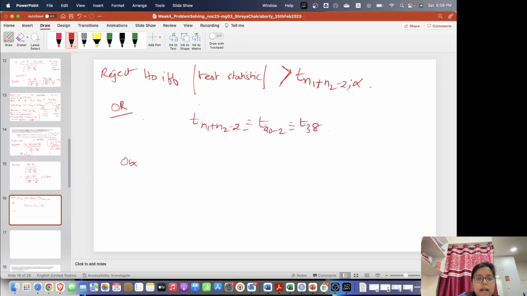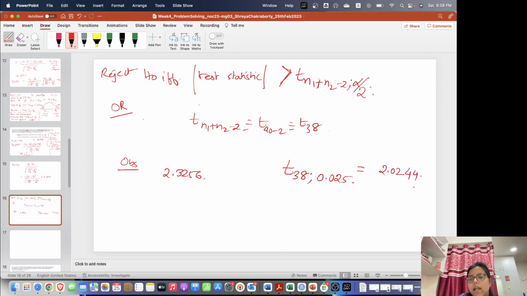The observed value was 2.3256, and t 38 at 0.025 comes out to be 2.0244.